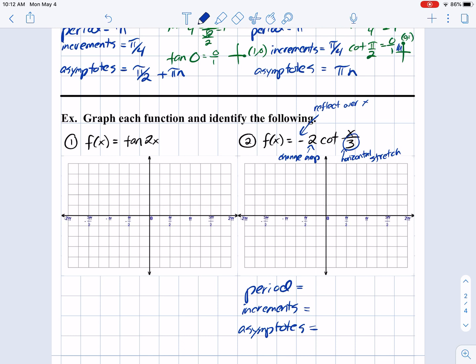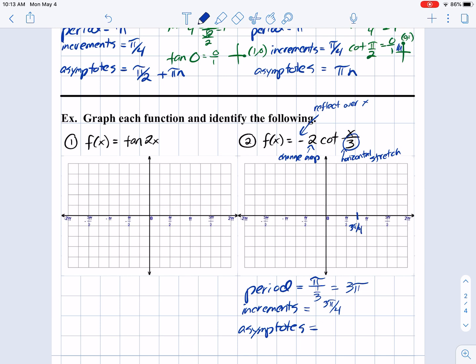Normally the period length is pi, but because our input is being divided by 3, pi over 1/3 actually becomes 3 pi. So we have a period length of 3 pi. We might be a little bit off our graph here. That's okay. Our increments, 3 pi over 4. Okay, so 3 pi over 4 is right here. Still just dividing by 4.